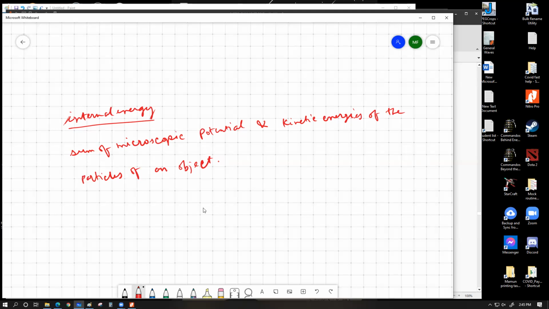Ideal cases are always imaginary, a very simplified version of a much too complicated scenario. For example, ideal gas. We're going to learn about ideal gas. An ideal gas is a close approximation of a real gas, but with much less complexity. We're going to learn about that as well.